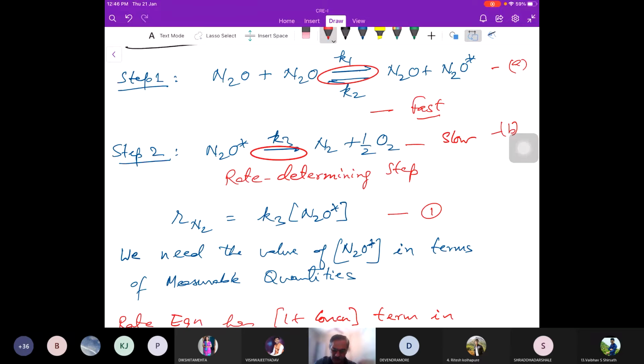When you talk about steady state, we have to consider both the steps, because यहाँ पर फॉर्म हो रहा है, रिवर्स में डिस्ट्रॉय हो रहा है, लेकिन यहाँ पर भी डिस्ट्रॉय हो रहा है. तो यहाँ पर फॉर्मेशन रहेगा, रिवर्स में कंजम्पशन रहेगा, और यहाँ पर भी कंजम्पशन रहेगा. So we take all the 3 steps, or first 2 steps. First is reversible, second is irreversible, and get the total concentration, and that should be equal to 0.